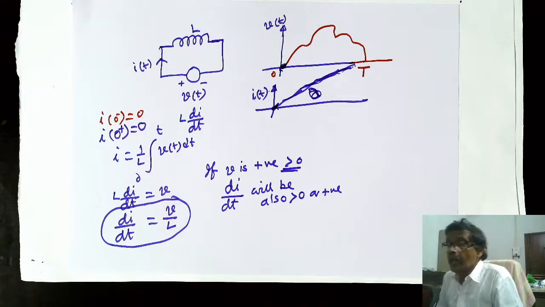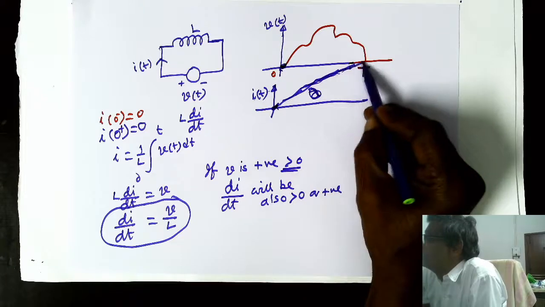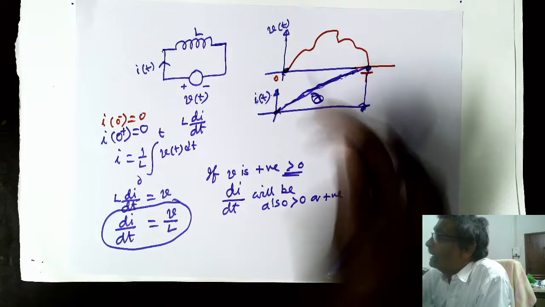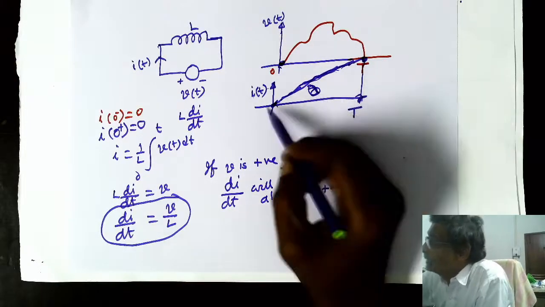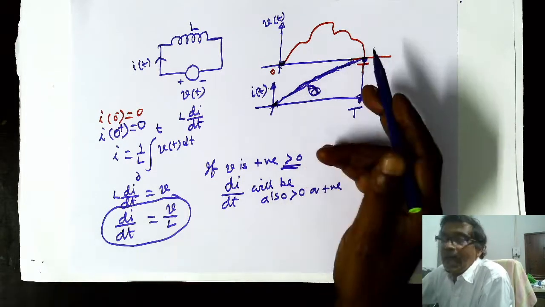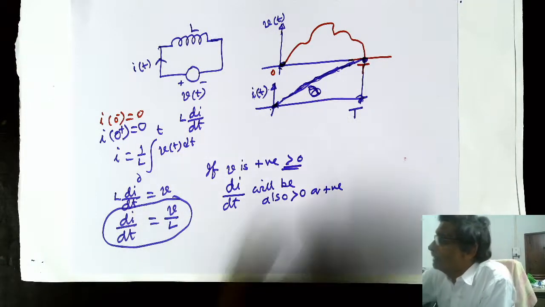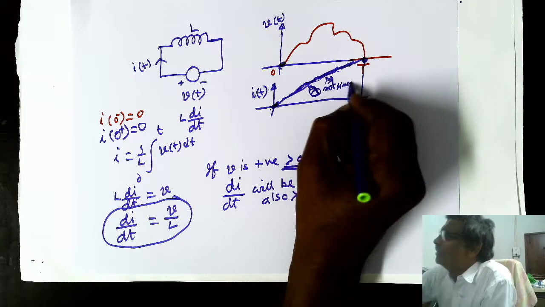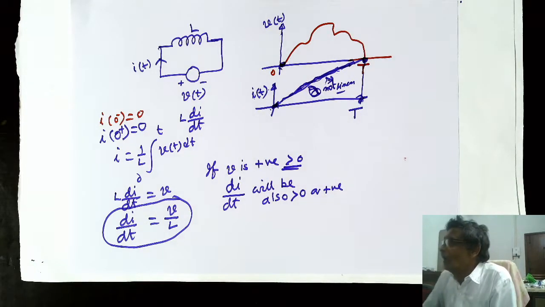But the point I am stressing is, when you reach this point T, the inductor will establish some current, and the current during this interval will always be positive, and its slope will also be positive.